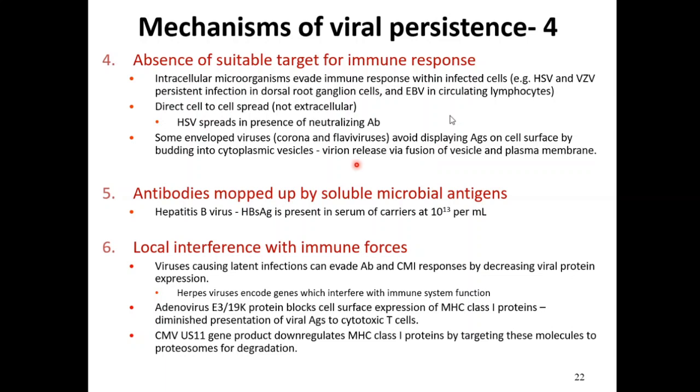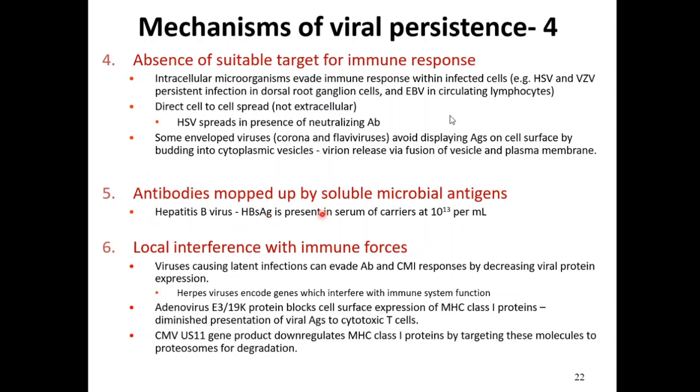The virion is released via fusion of vesicles and the plasma membrane, which is a really extraordinary phenomenon. By doing that, the antigen will not be shown, so the infected cell cannot be recognized and cannot be killed.